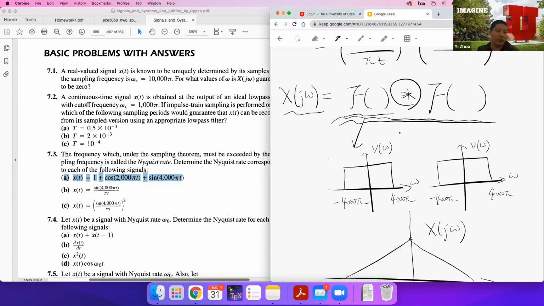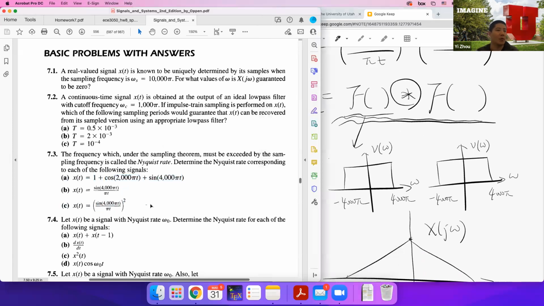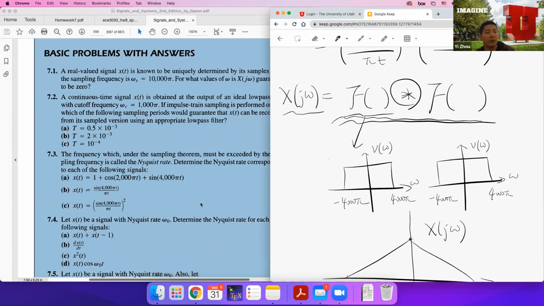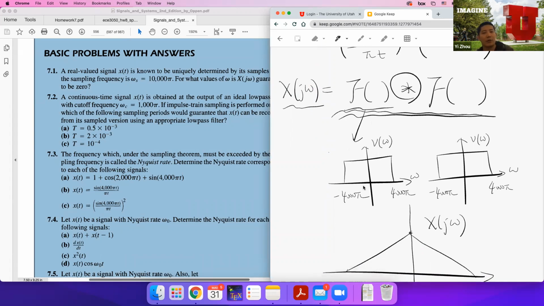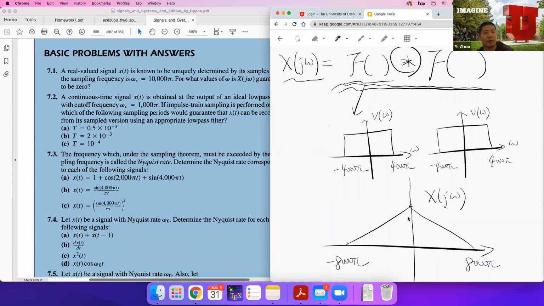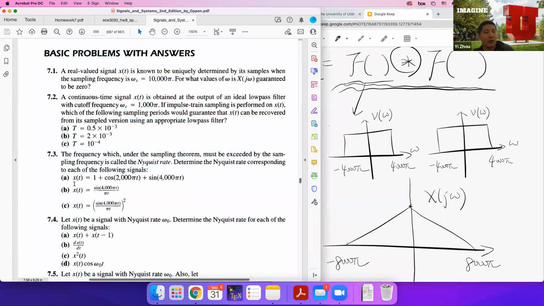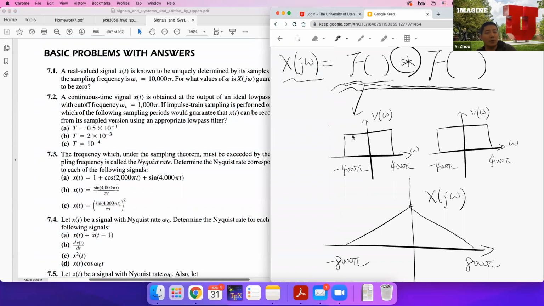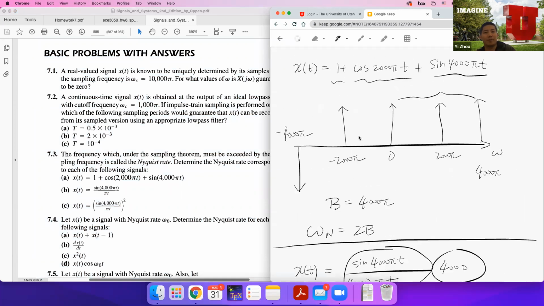take convolution with each other. But for this part C, for this specific example, the spectrum of each of these signals happened to be a rectangle spectrum. So two rectangles taking convolution gives this special triangular spectrum. But of course, if you take part A as an example and raise it to power 2, then you are going to perform convolution between two such spectrums, and the resulting spectrum will look different.